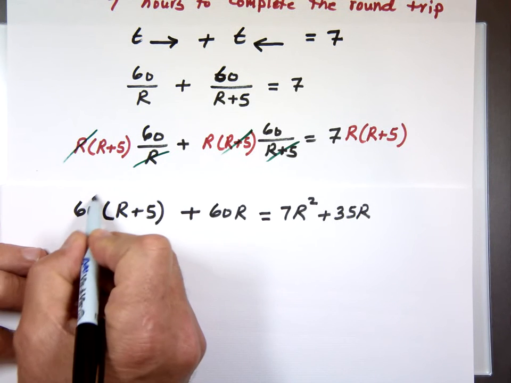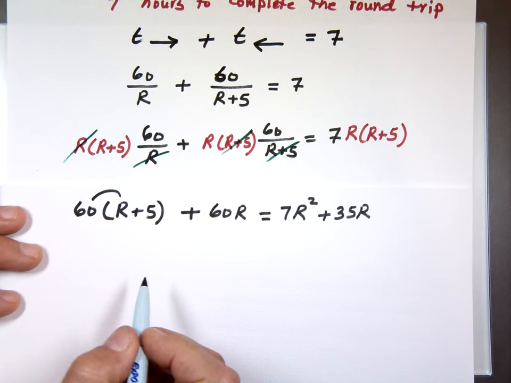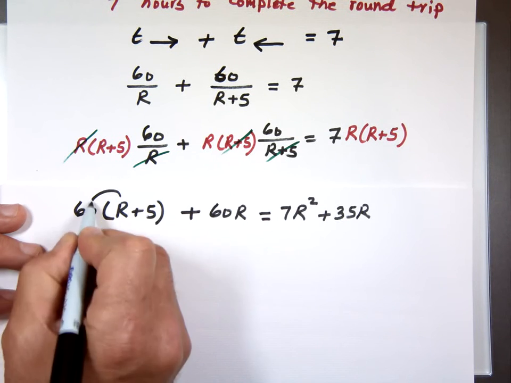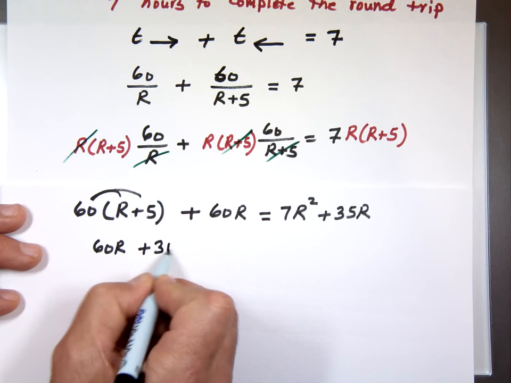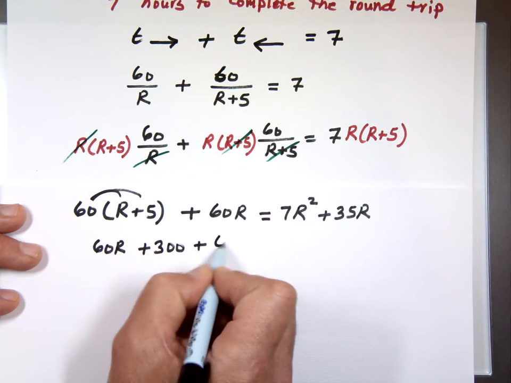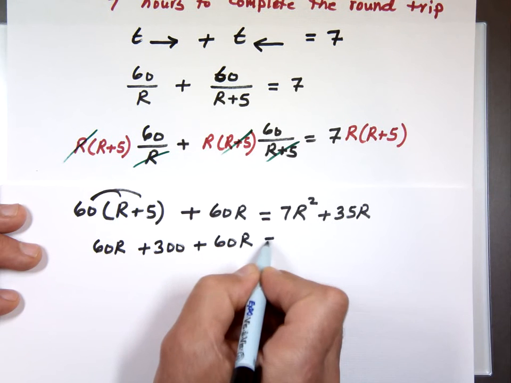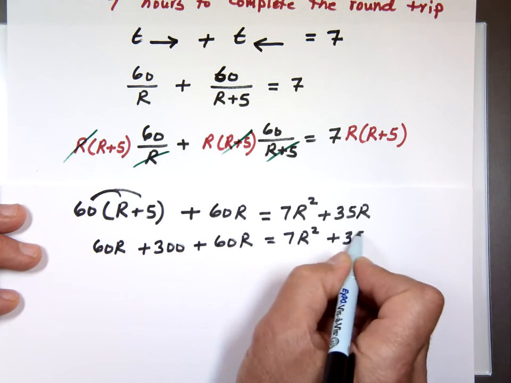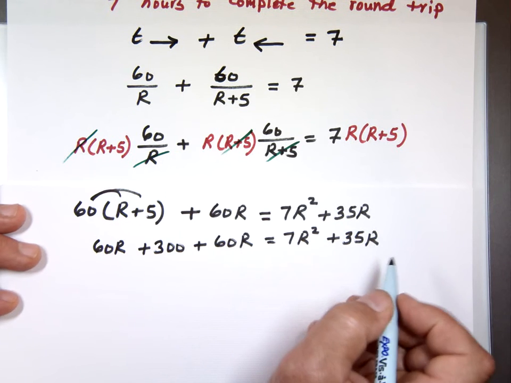60 times R is what? 60R plus 60 times 5, 300. So 300 plus 60R equals 7R squared plus 35R. 60 and 60, 120.